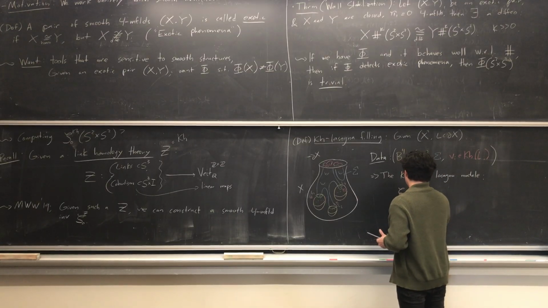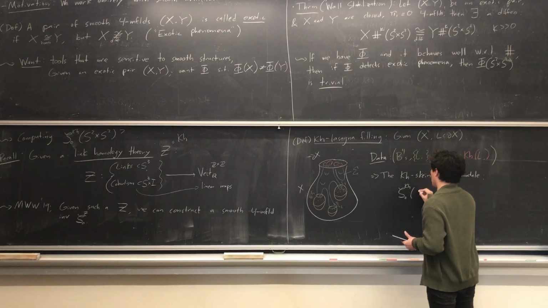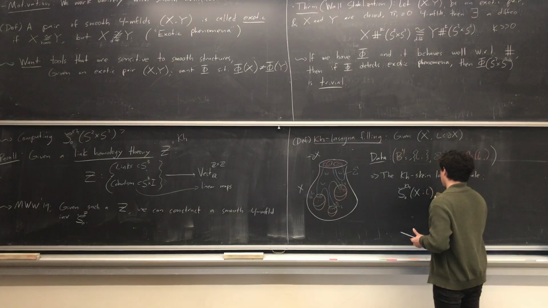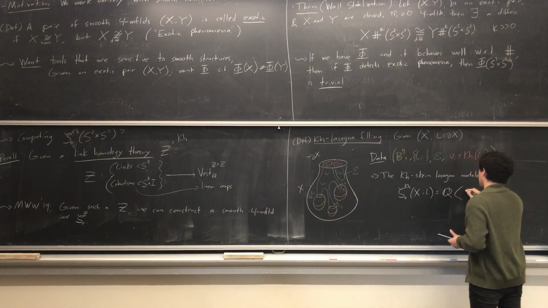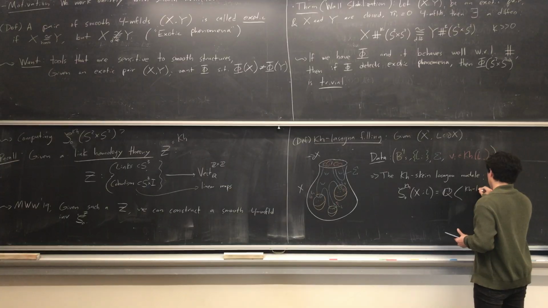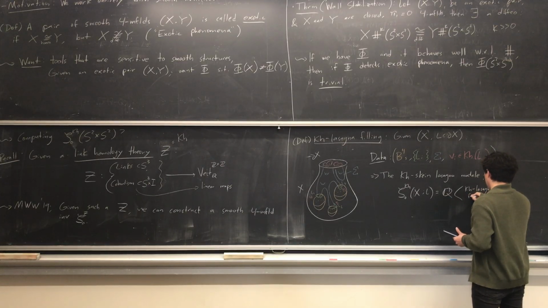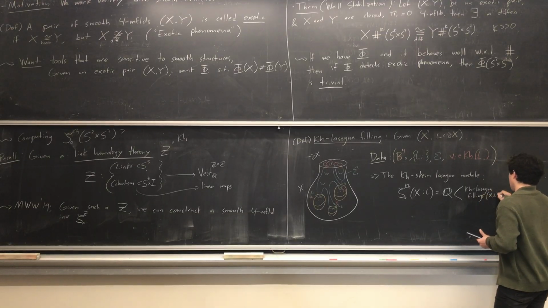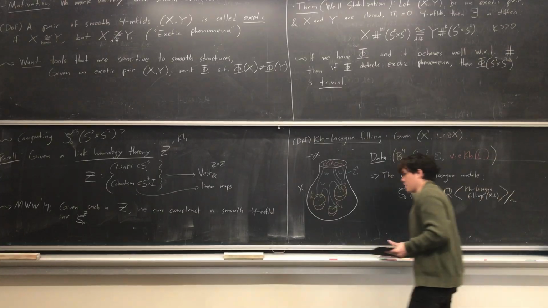So let's only work over Q. This is X with my link in the boundary. So it's generated by Khovanov lasagna fillings of this pair X, L modulo a pretty specific relation.